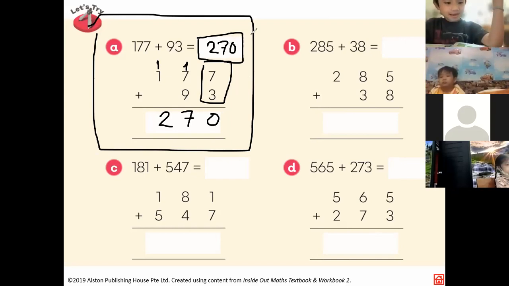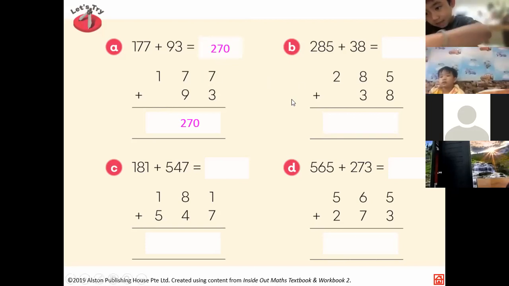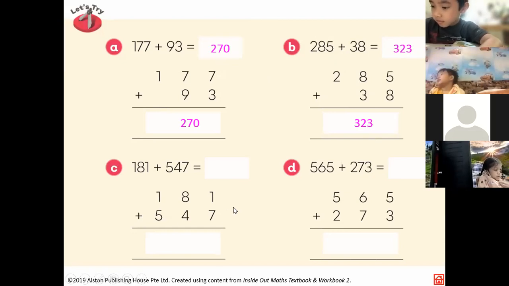Okay, what about letter B? Letter B, class. 285 plus 38. 323. Very good. What about for letter C? 181 plus 547.